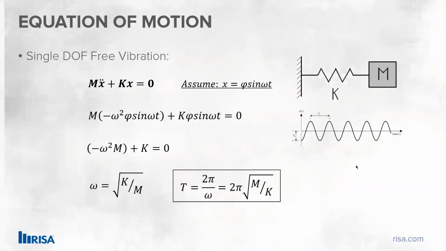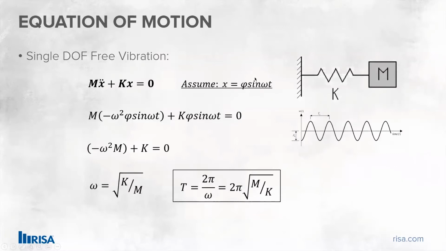Now for a single degree of freedom system with no damping, this equation can be simplified as below. With no external forces, your right-hand side will be 0, and the left-hand side will be m times your acceleration plus k times your displacement equal to 0. This is a second order differential equation. If you want to solve it, you can assume x is a sine function or a cosine function.